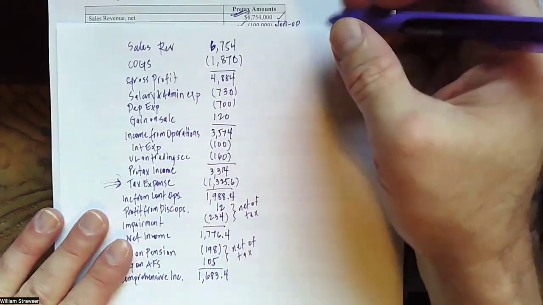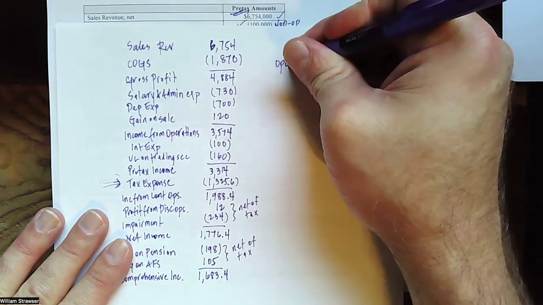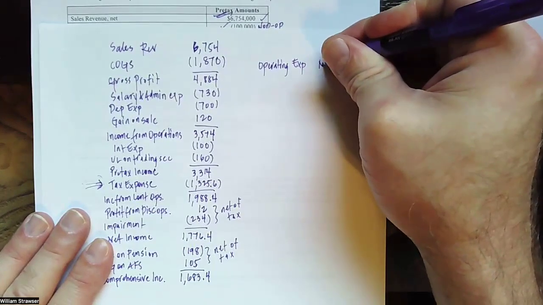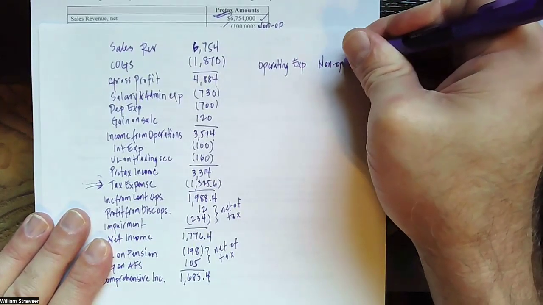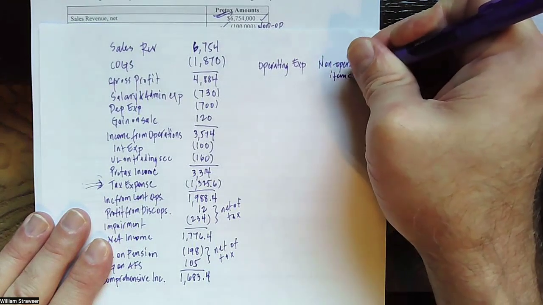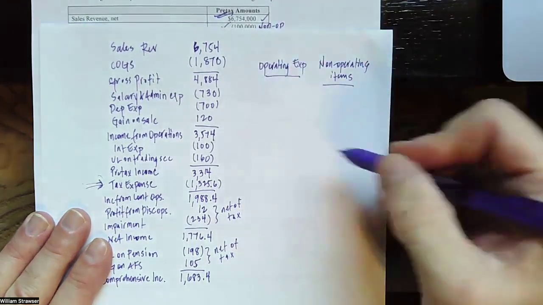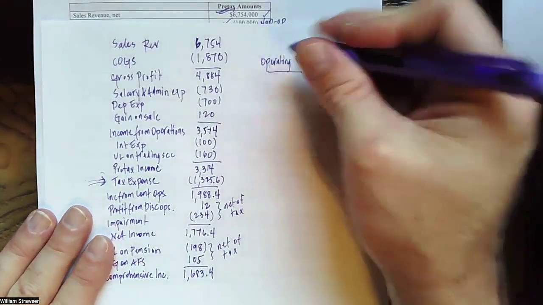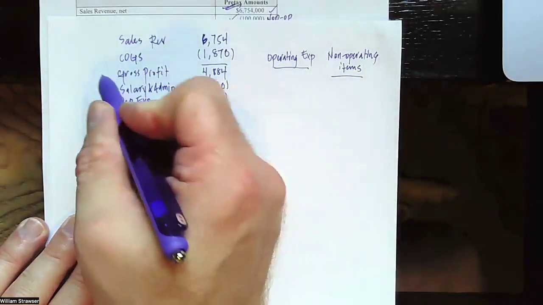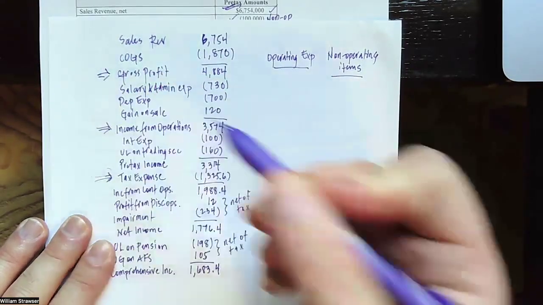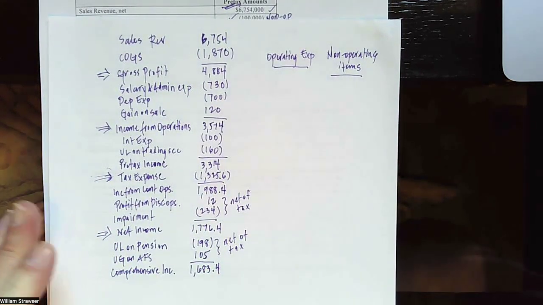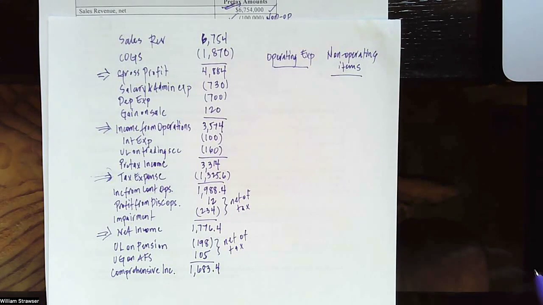If you need to start a list like operating expenses, non-operating items, what goes into these categories, right? But it's not enough just to know what goes in those categories, because you also need to know these subtotals. And that is basically learning the anatomy of an income statement, like what feeds into what parts.